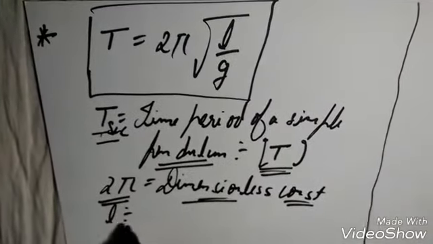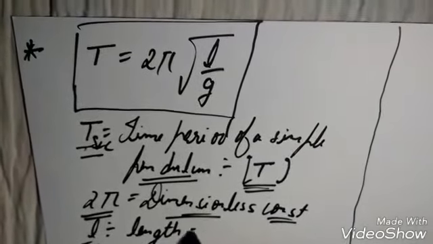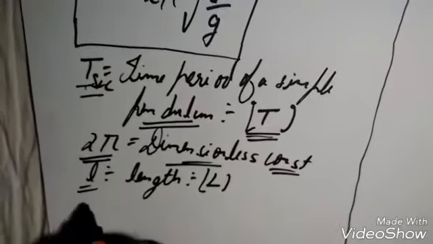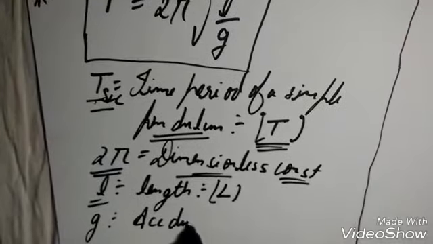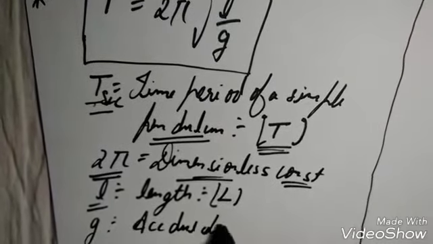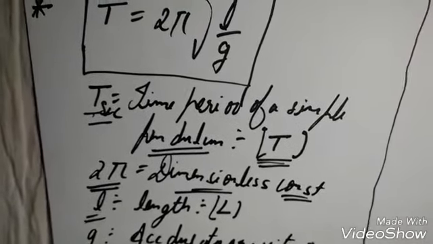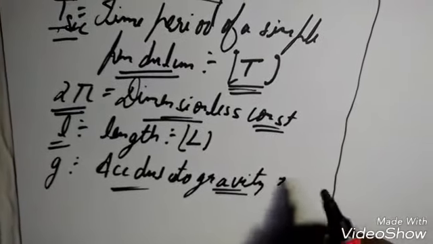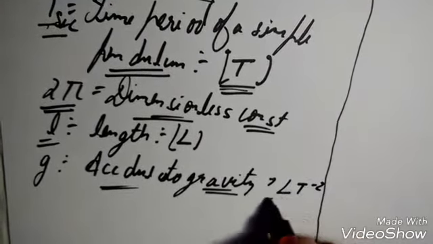Small l is denoting length and has a dimension formula of capital L. Small g is the acceleration due to gravity. As a physical quantity, it is simply acceleration and it has a dimension formula of LT^-2. These are the dimensions of g.